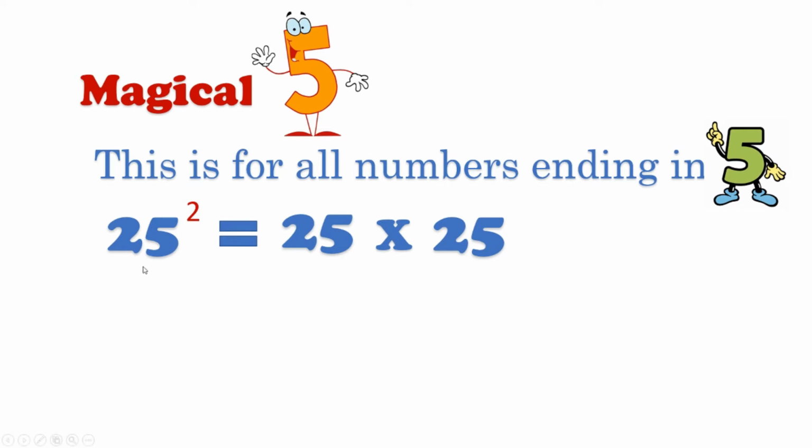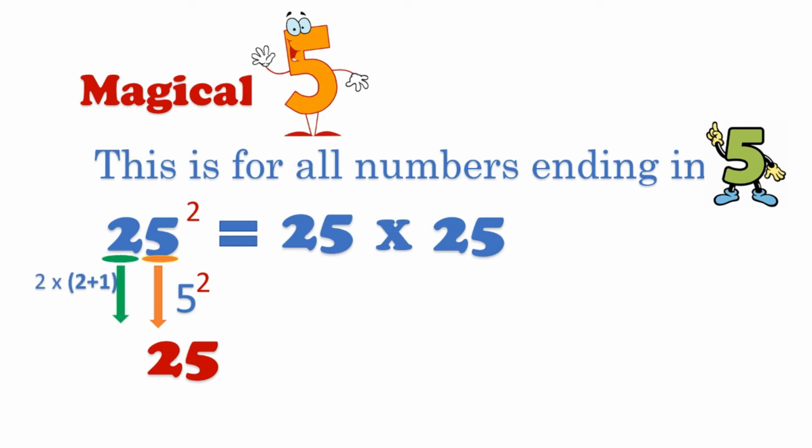So the way to do it is look at the number ending. It's ending in 5. So 5 needs to be in ones place for this trick. Now let's just calculate the square of 5, which is 25. Let's just park it here. Now we'll go to the number in tens place.